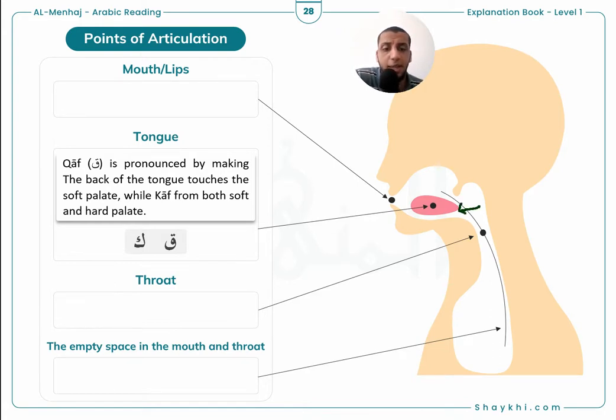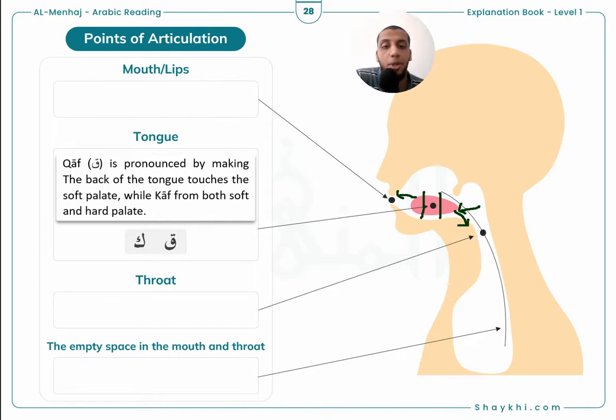First point, this is the back of the tongue. We divide the tongue into three parts: head part, middle part, and back part. The head part is the nearest to the mouth, and the back part is the nearest to the chest or the throat.